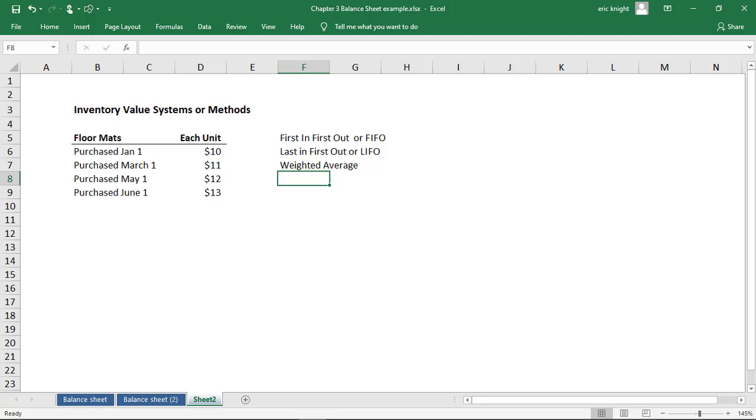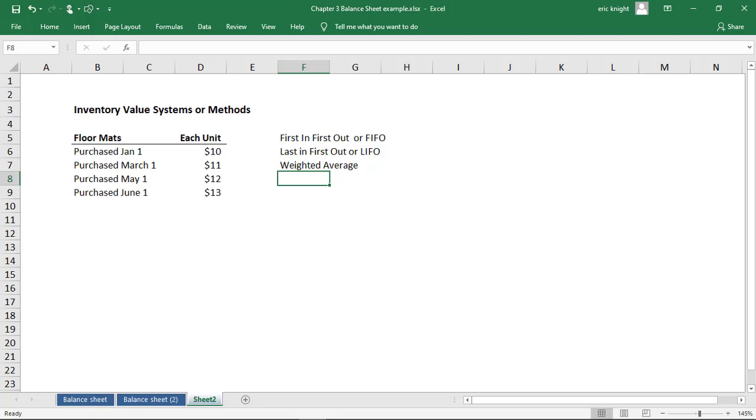Now this is a big deal because, let's face it, depending on what the management decides to use, it's going to affect our profits. If the inventory is cheaper at first, then the cost of goods sold is going to be cheaper if we use the first in, first out method, right? Because the first in, first out method says we're getting the cheapest stuff sooner.